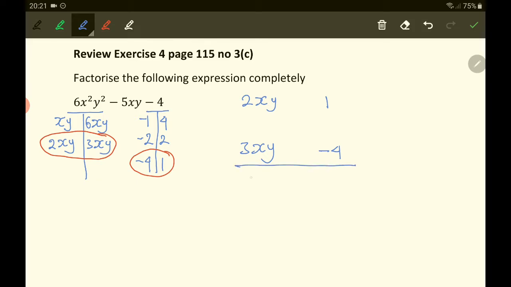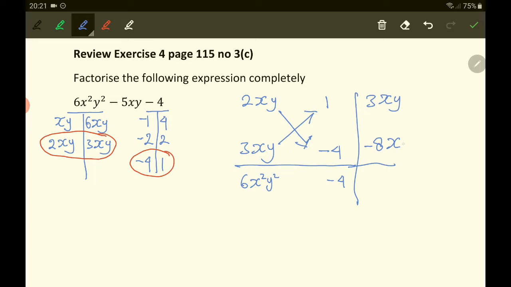So this is the representative of 6x squared y squared, and for this one, 1 and minus 4. When we cross multiply, 3xy times 1 gives 3xy, and 2xy times minus 4 gives minus 8xy. Then if you add them, you get minus 5xy.